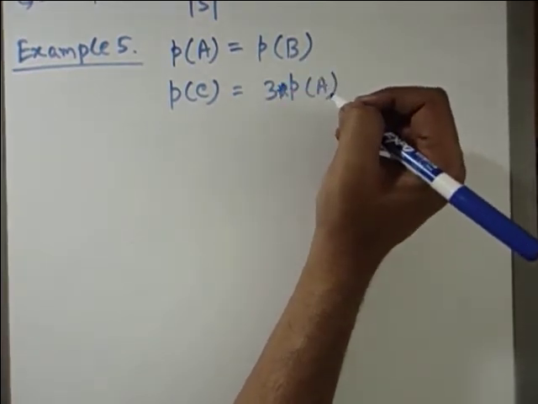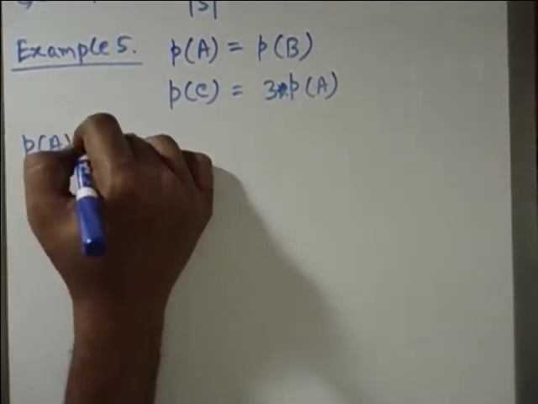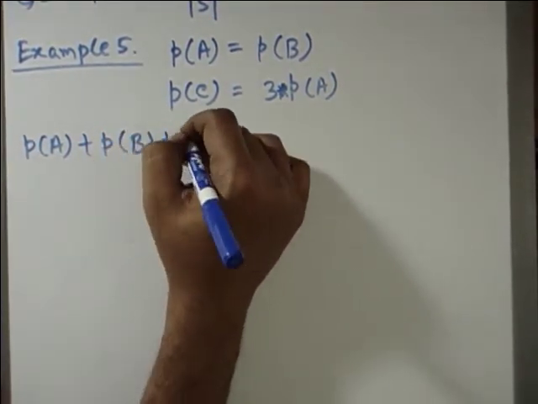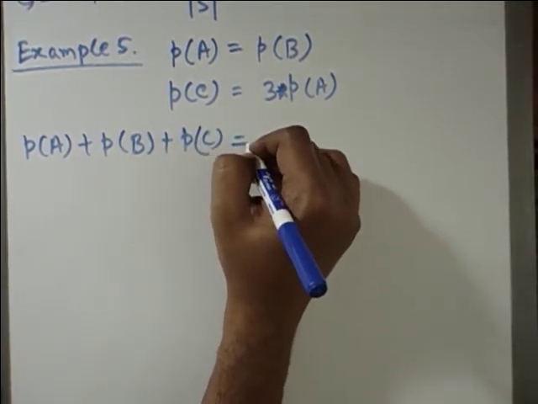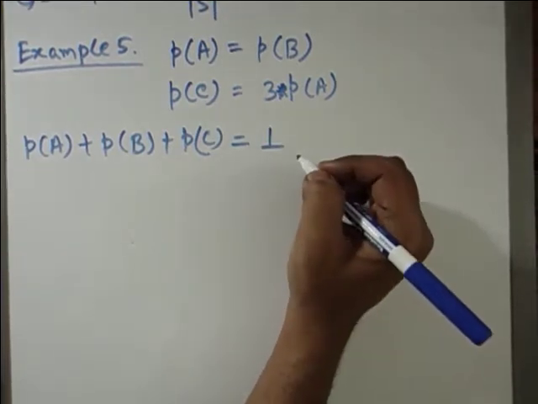So P of C is 3 times P of A. And we also know that P of A plus P of B plus P of C add up to the whole sample space, so the probabilities add up to 1.